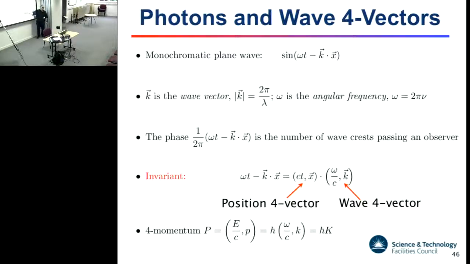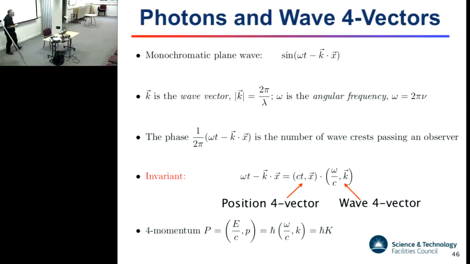But k squared is equal to omega squared over c squared. So this thing dotted with itself is 0. So the 4-vector of light has total length 0, and that corresponds to the fact that, if you remember my space-time diagram, it's going along this null curve.